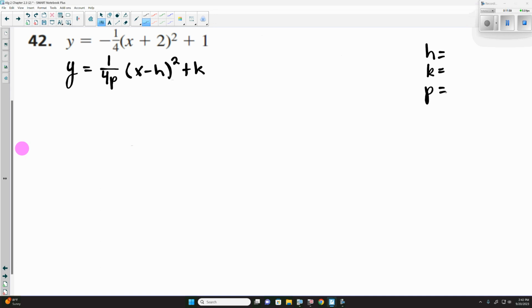Now looking at this here, what is the value of k? 1. What's the value of h? Negative 2. Because since we have plus 2 in the equation, it's going to come out as negative 2.